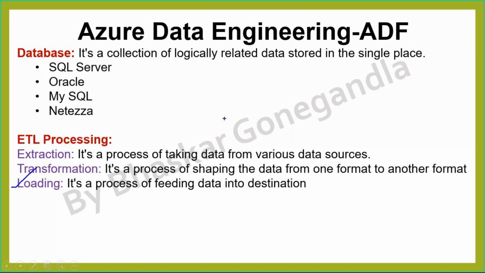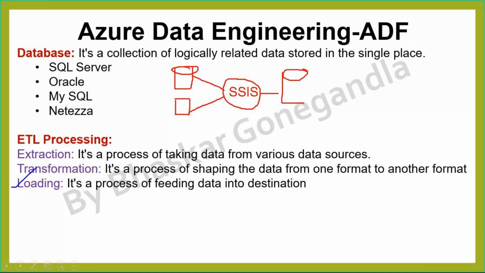In the traditional approach, as I said, you may have data in different places, and you can bring the data using, from Microsoft, SSIS. This is an ETL service. You can take the data, apply transformation, and store it into the data warehouse.